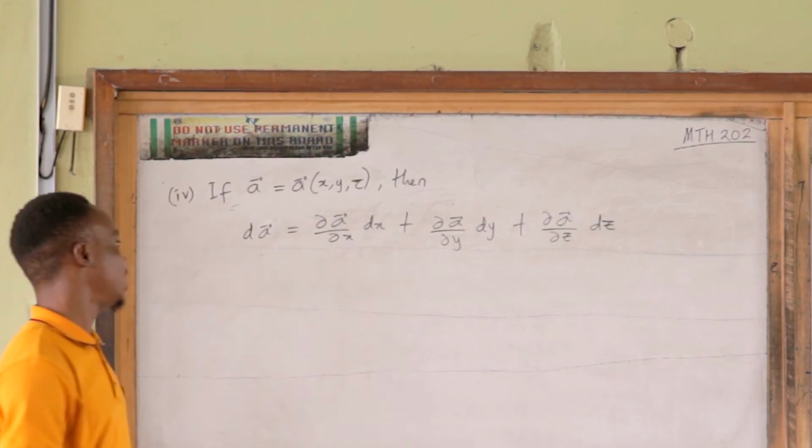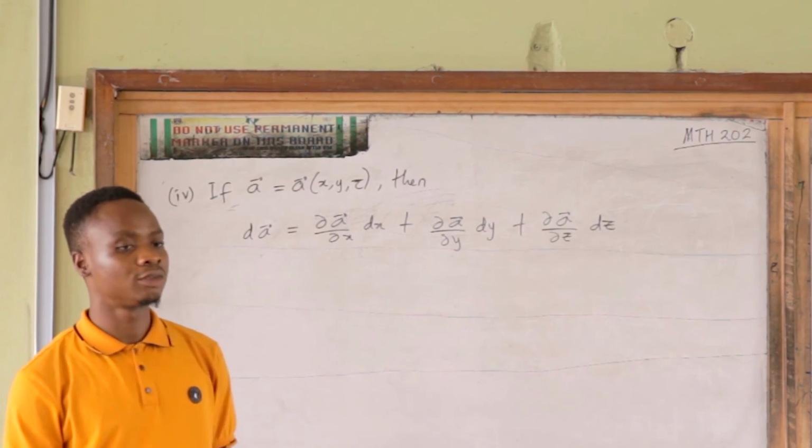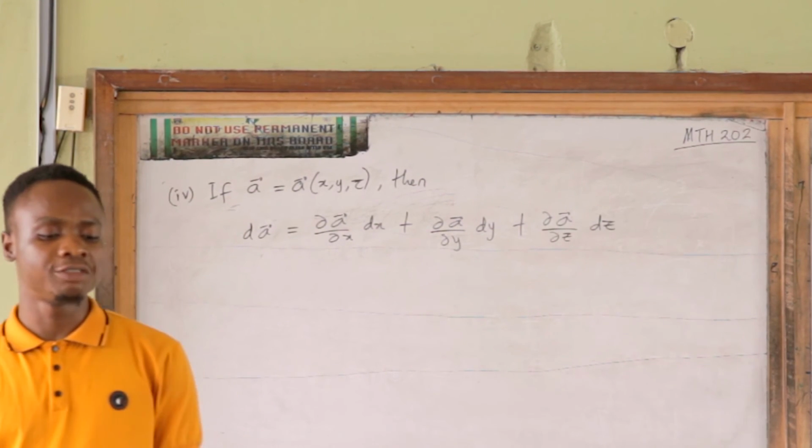Since you have it that way, you can take the derivative to give you the total differential.